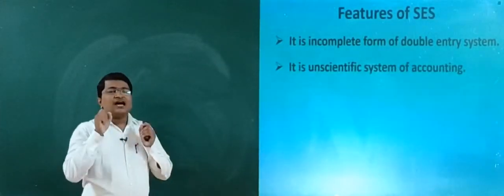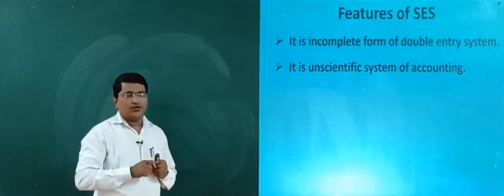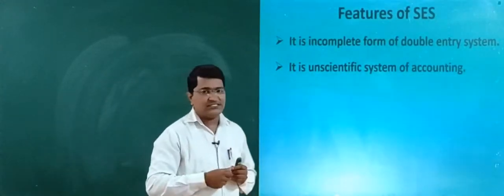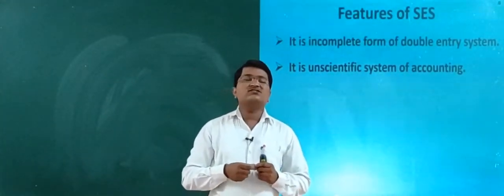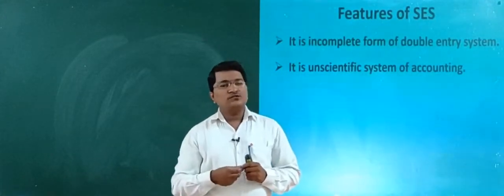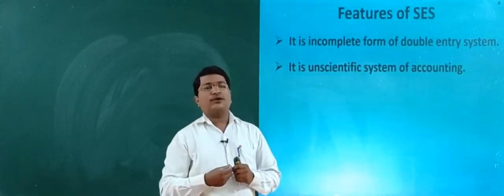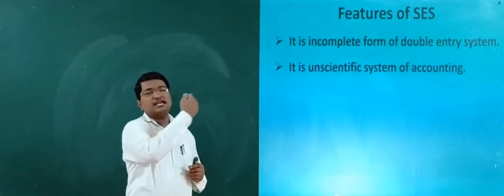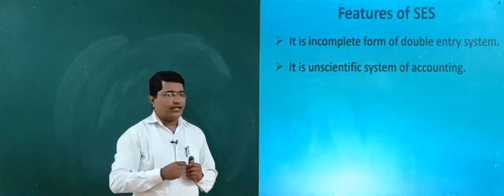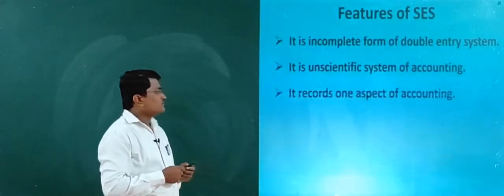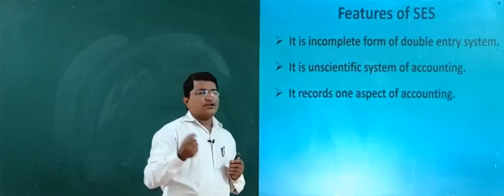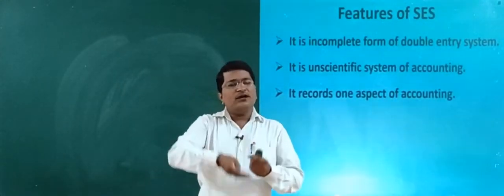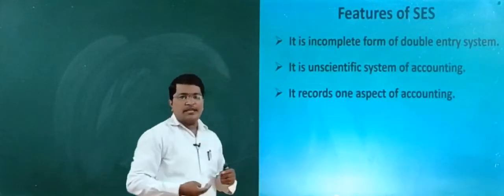Right? Now we move to the second. It is an unscientific system of accounting. As you know, why is it unscientific? Yes, it does not follow any rules or principles of accounting. So it is an unscientific system of accounting. Next, it records one aspect of accounting, that all three you learnt in the previous meaning.